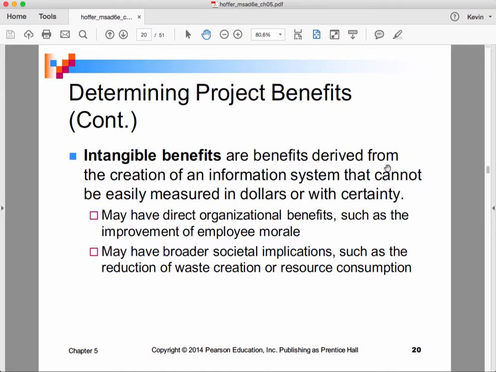They may have direct organizational benefits, such as the improvement of employee morale, which we know is going to have some impact on the bottom line. Exactly how much is hard to measure. Or they might have broader societal implications, such as the reduction of waste creation or resource consumption.